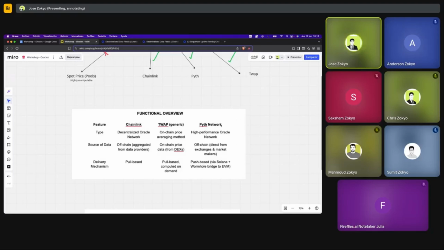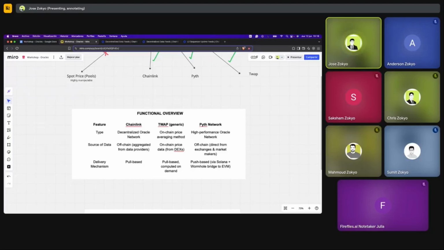And also we have Pyth, whose sources of data are off-chain, directly from exchanges and market makers. And this data, which is computed off-chain, is later introduced on-chain by executing certain functions directly by each of the users. This has a really interesting behavior, which I'm going to present later.